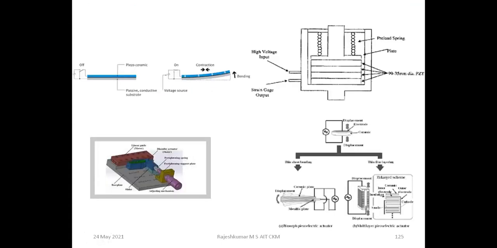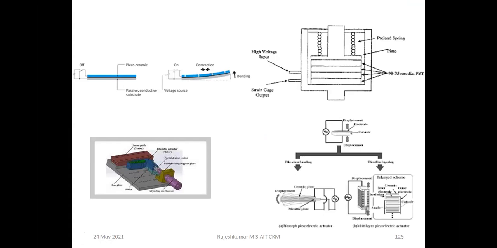Next, this is an example wherein the figure shows a piezoelectric actuator. It is generally fabricated by processing two piezoelectric ceramic materials. These are the two piezoelectric ceramic materials, and by fabricating these two, we get the piezoelectric actuator. It is also called a bimorph piezoelectric actuator.